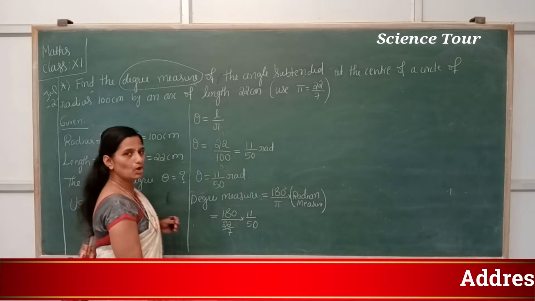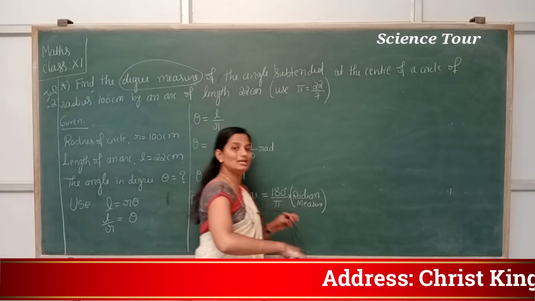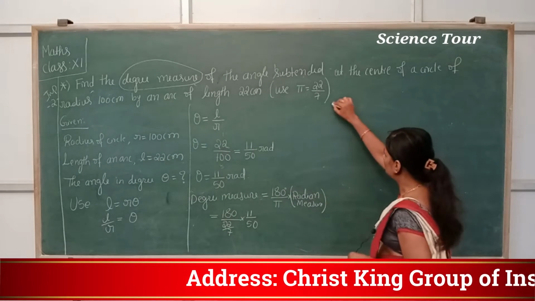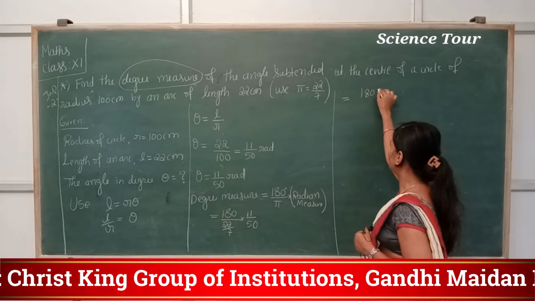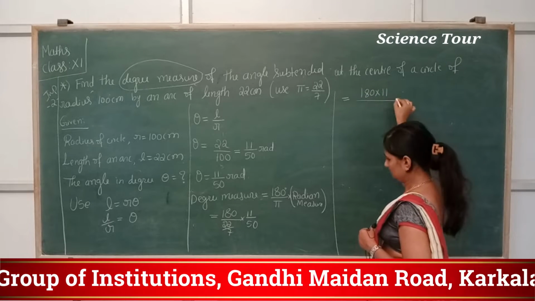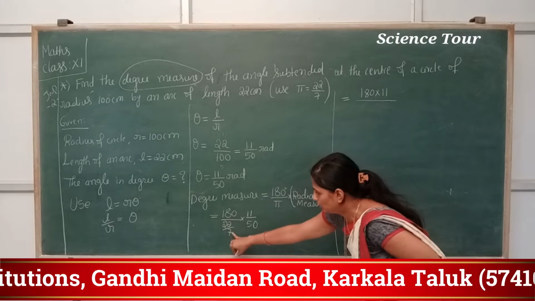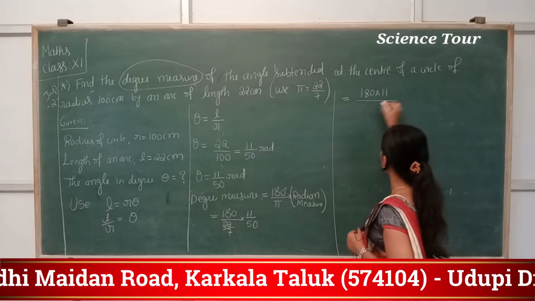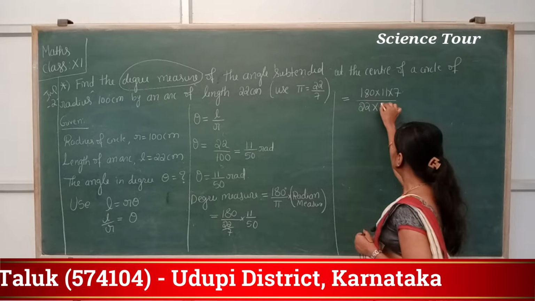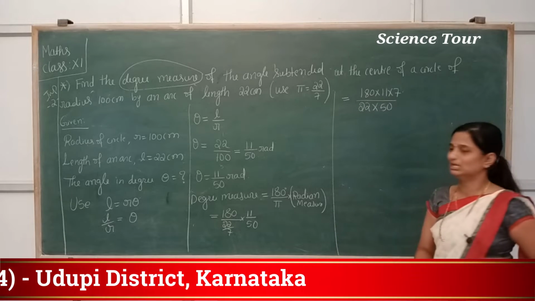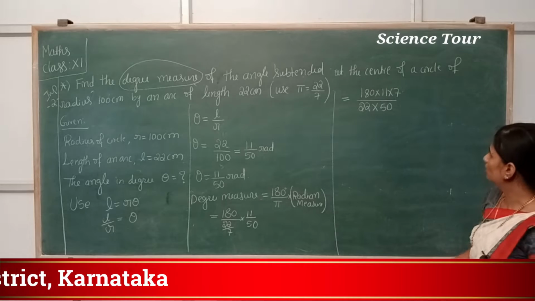Now you know how to convert degree to radian and radian to degree, right? So that is 180 into 11 into 7 divided by 22 into 50.